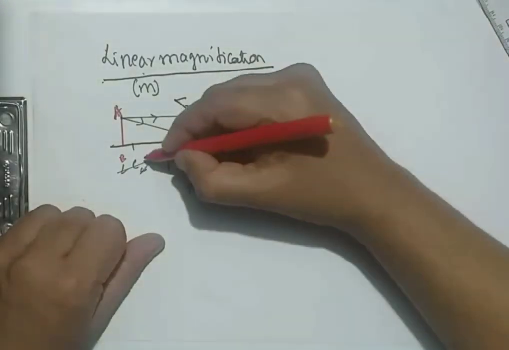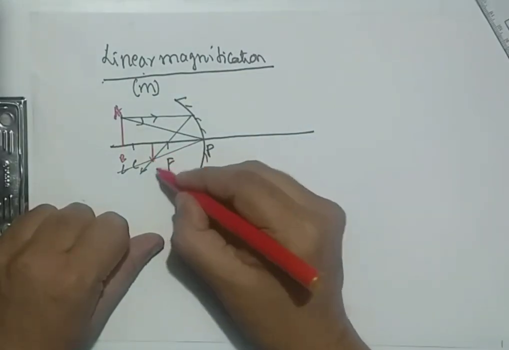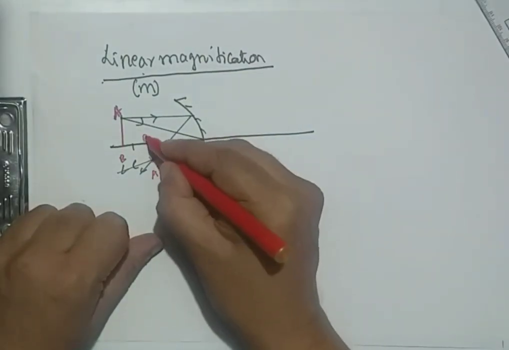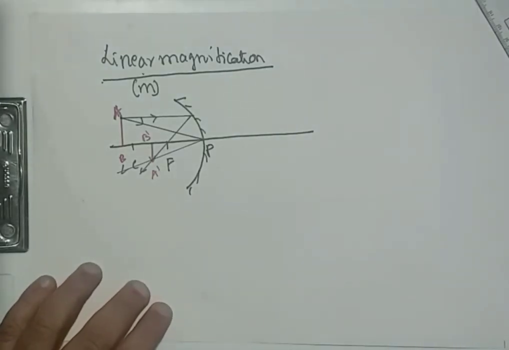The image is what we can write here. This is A dash and this is B dash. And we write the distances now.